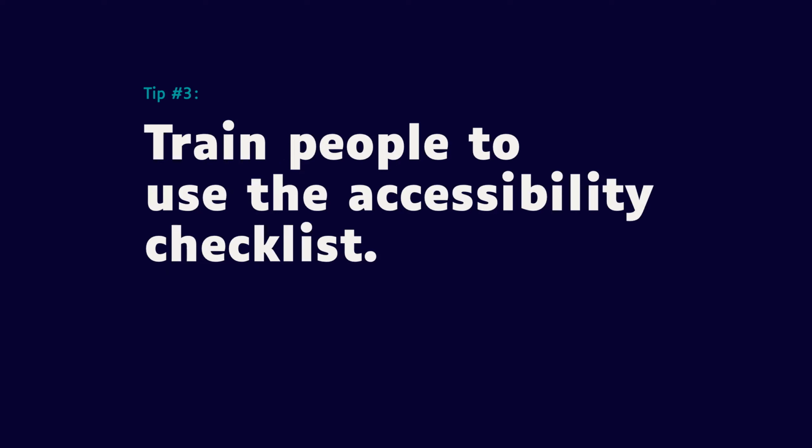Third tip would be train people to use the accessibility checklist, because if you don't train the people, they might misinterpret the requirements or the WCAG guidelines or the practice you want to create. So in our team, when you're joining Futurize, you would get training, an introduction on accessibility and disability independent of the project you will join after.